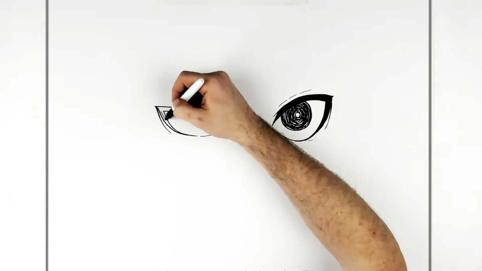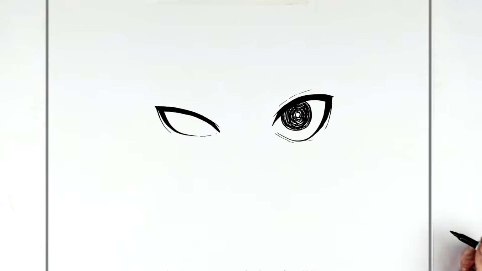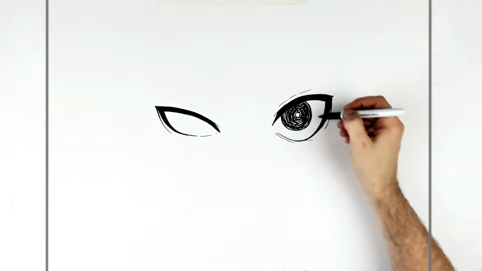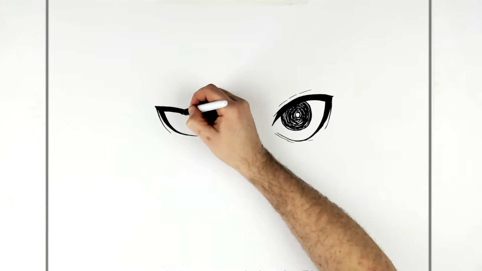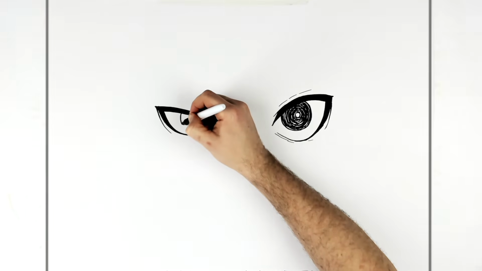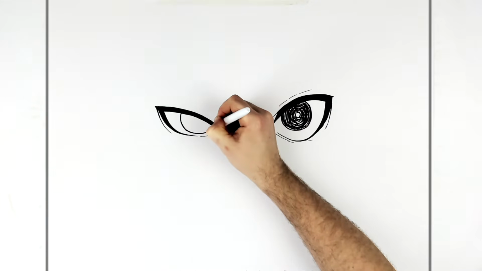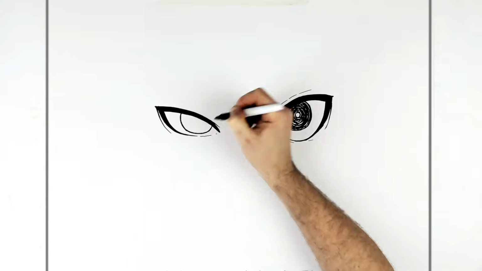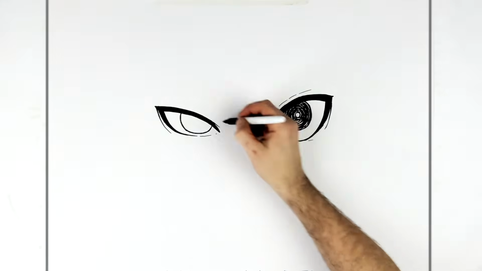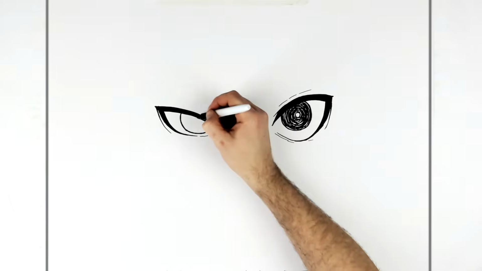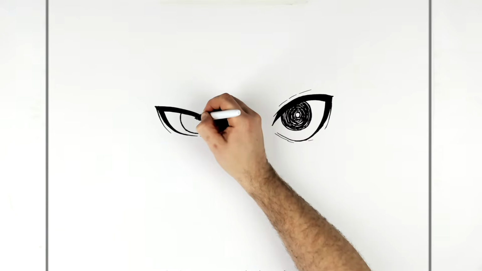Then we color this black, like that. So his other eye, a circle coming down from here, a big circle like so. And then his iris kind of in the middle, so it's probably like here.